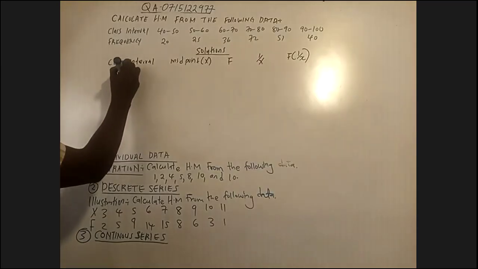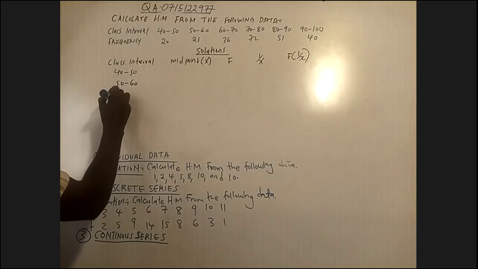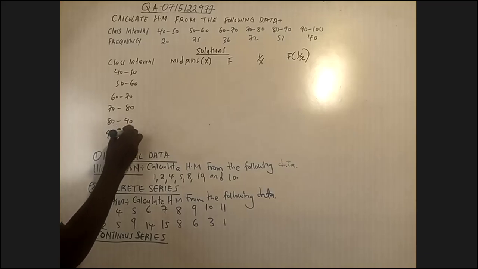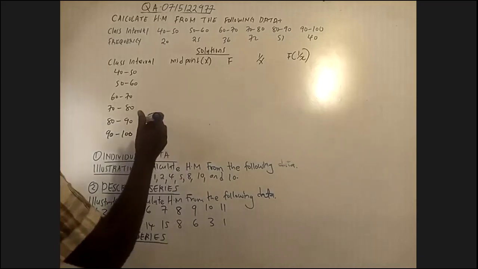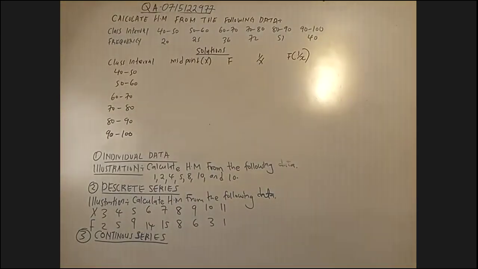Class intervals 40 to 50, 50 to 60, 60 to 70, 70 to 80, 80 to 90, 90 to 100. Midpoint: what will be the first midpoint? 45.